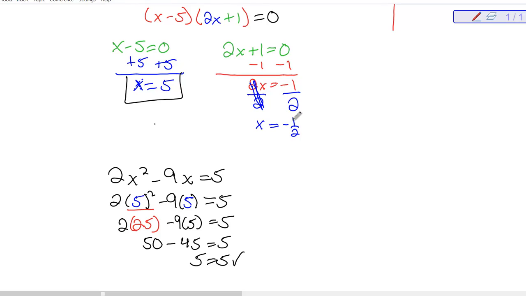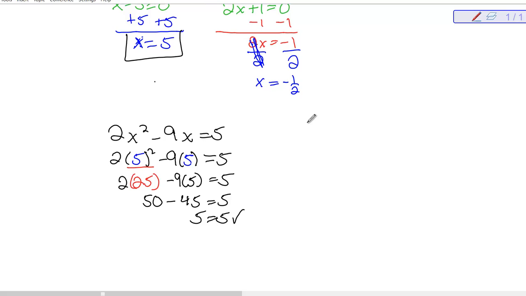I'm going to do the same thing with the negative 1/2. It's going to be a little bit more difficult because it's a fraction, and I know how most people don't like fractions. So I've got 2x squared minus 9x equal to 5. So that's 2 times a negative 1/2 squared minus 9 times a negative 1/2.